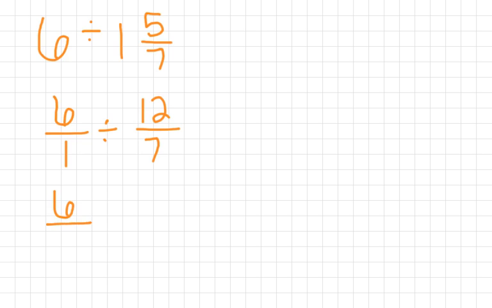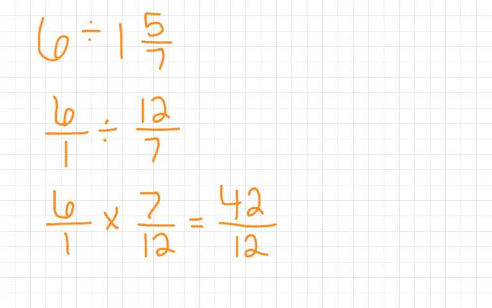Now I want to be able to multiply by the reciprocal. So 6/1 times the reciprocal of 12/7 would be 7/12. And now when I multiply straight across, I get 6 times 7 is 42 over 1 times 12 is 12.